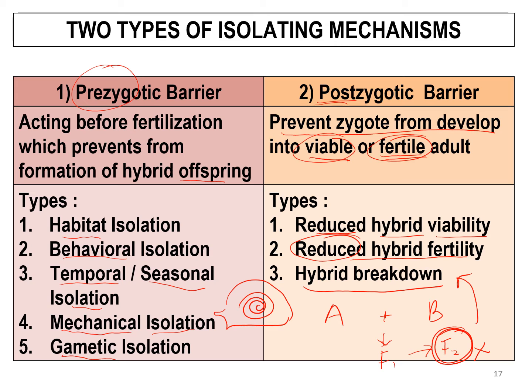And then kita ambil lagi species A dengan species B produce F1, ataupun individu A dengan individu B yang sama. Untuk tumbuhan lah, mungkin spesies yang lain kan. Jadi F1 terhasil boleh menghasilkan F2, tetapi F2 masih lagi tidak boleh menghasilkan generasi baru, F3. So tak boleh F3. So this is what we call hybrid breakdown. F1 terhasil menghasilkan F2, tapi F2 tak boleh menghasilkan F3.